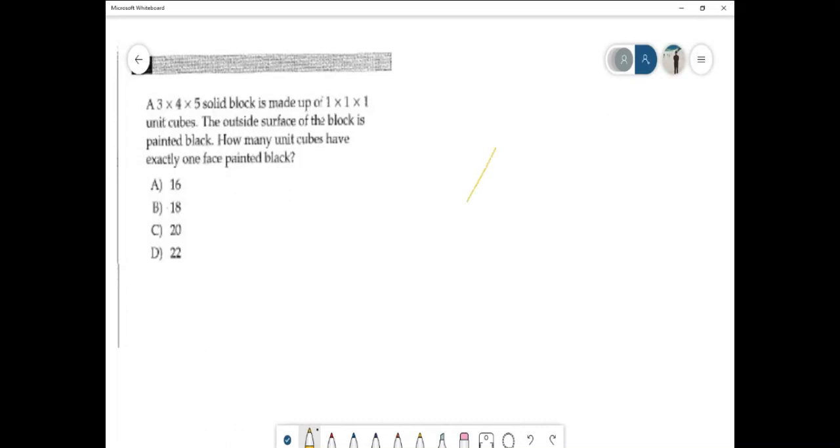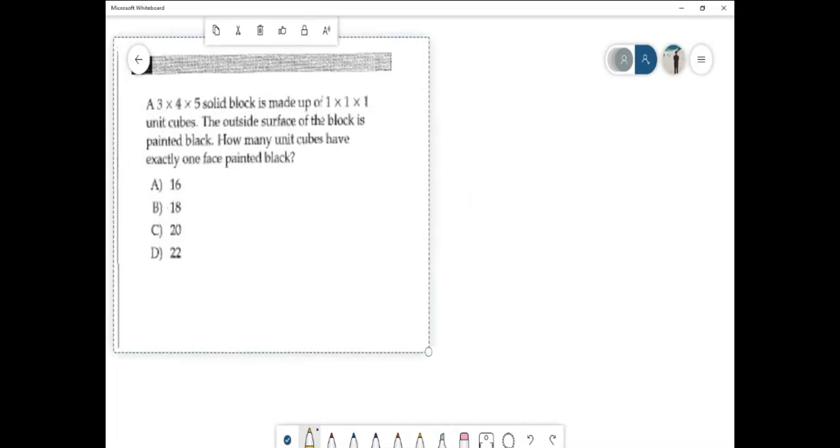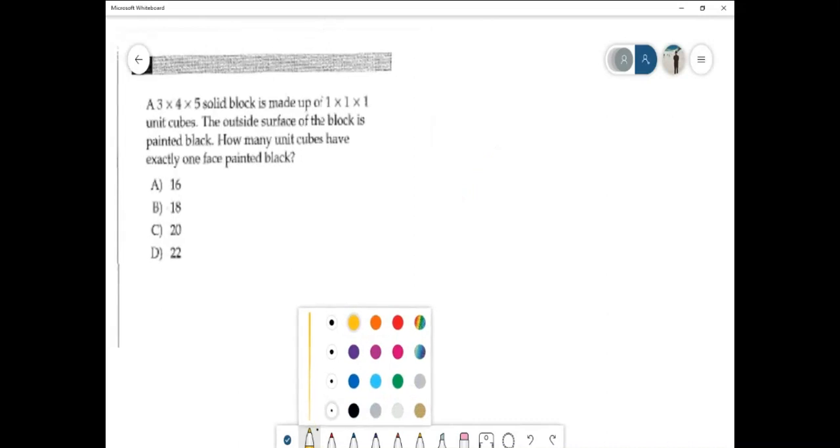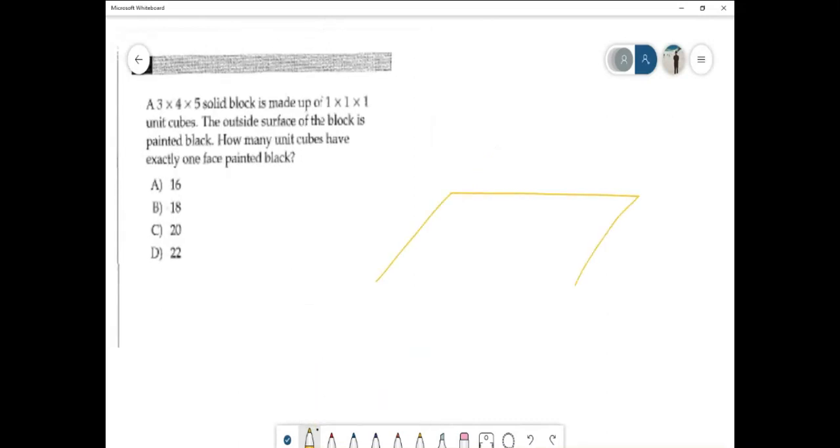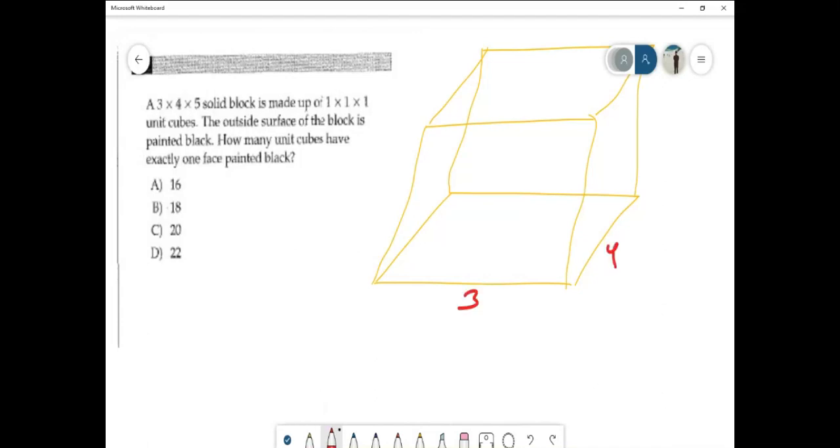3 times 4 times 5. It means 2 of these are the base and 1 is the height. Let's say 3 and 4 is the base, and 5 is the height. For this, I have to draw it a bit bigger. So this is my cube.